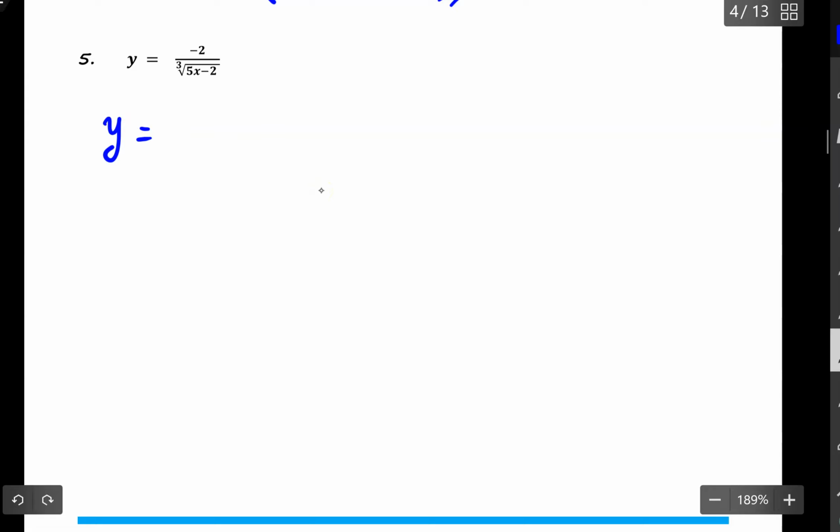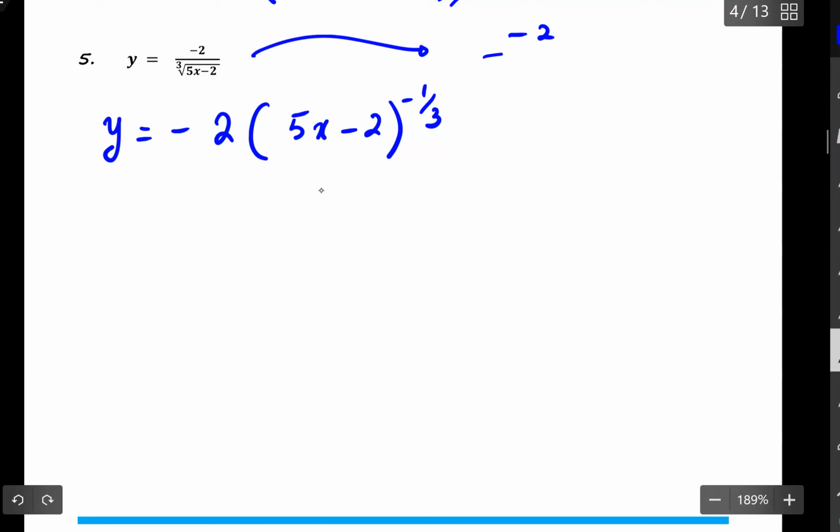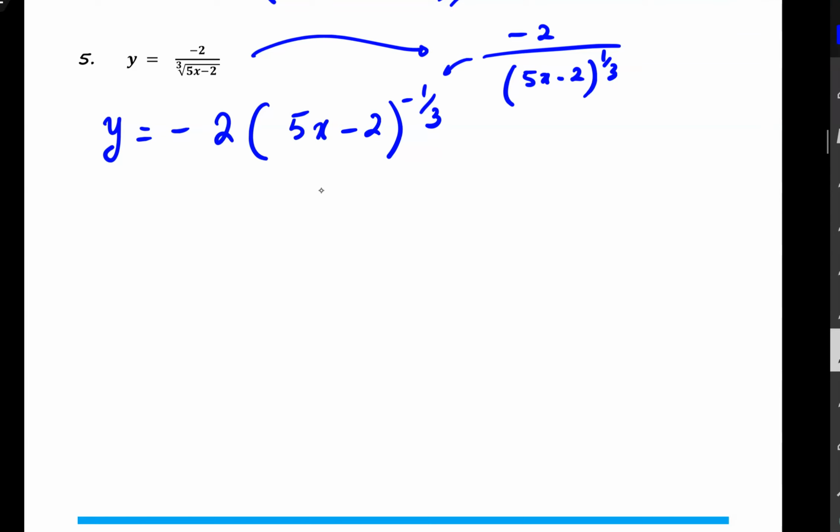So you can write it as negative 2 times 5x minus 2, all of it raised to the exponent negative 1/3. Let me write a step here for you. This will be 5x minus 2 to the 1/3, and then I bring it to the top, I make that into negative 1/3.